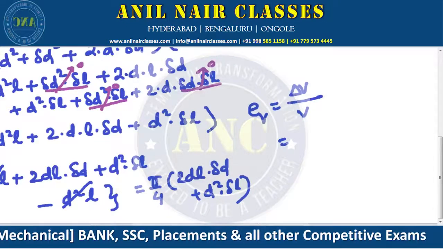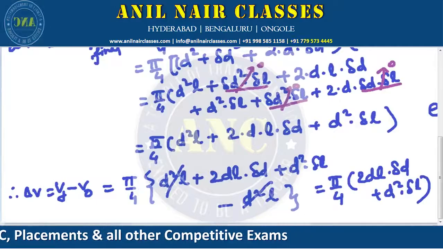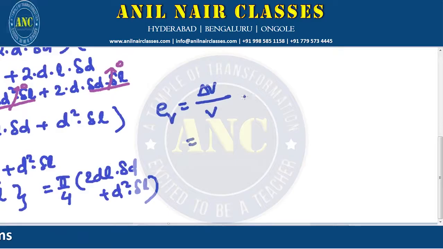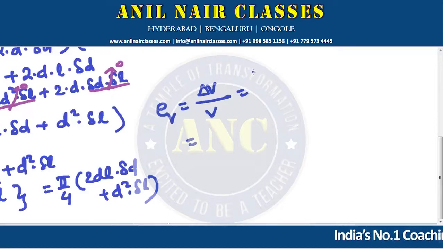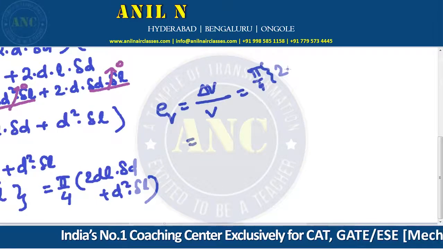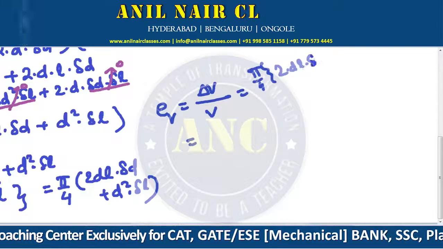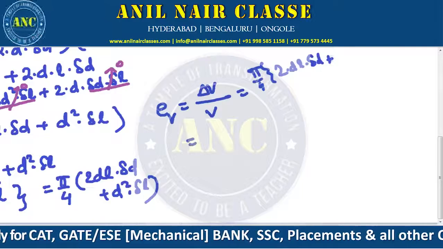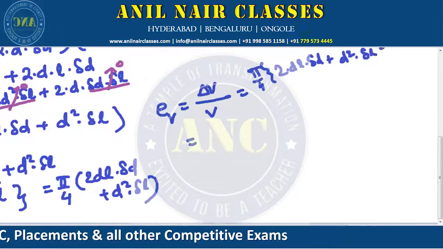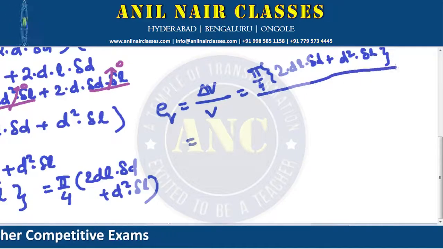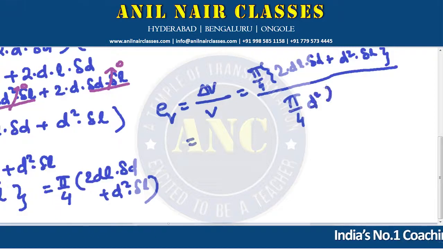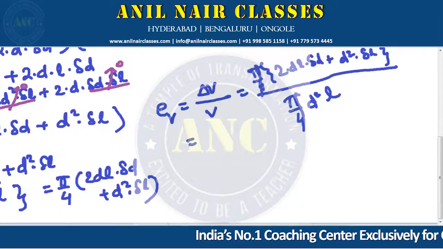The change in volume is pi by 4 [2dL delta d plus d square delta L], divided by the original volume pi by 4 d square L. Pi by 4 gets cancelled.